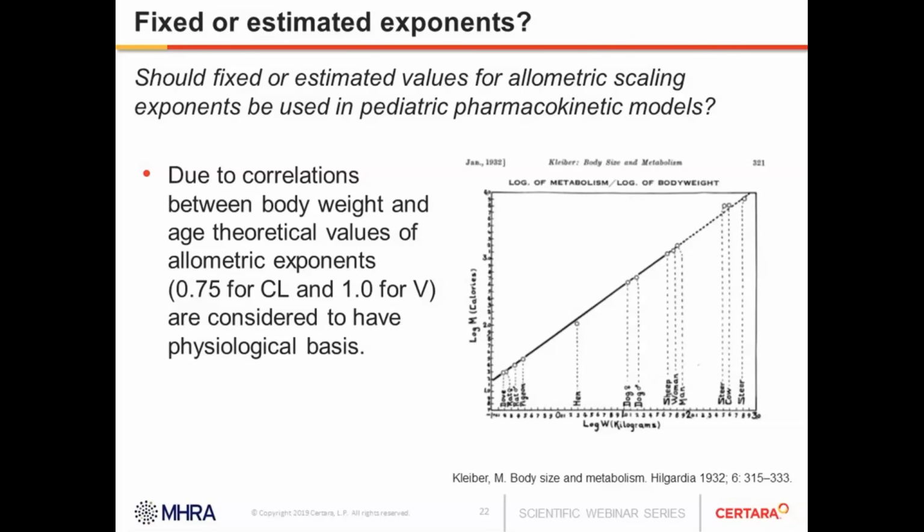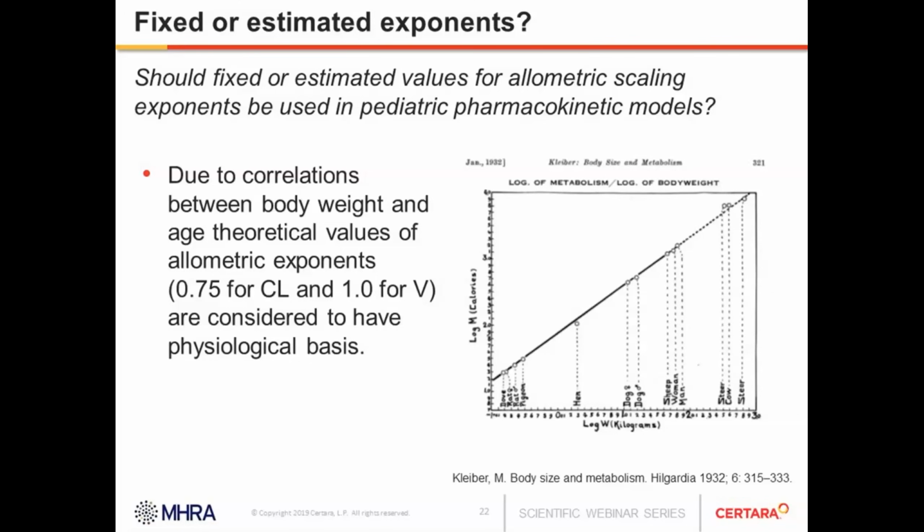But the other reviews have shown that it's one of the most commonly used, and it's one of the more widely accepted values in a range of different plausible values. And so we do know that there is a physiological basis for using 0.75 for clearance and 1 for volume of distribution.